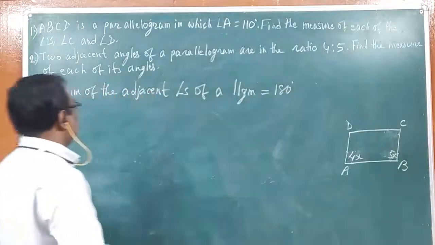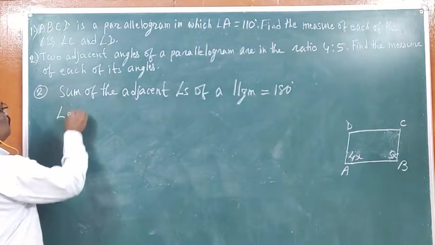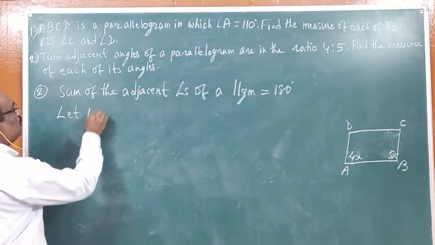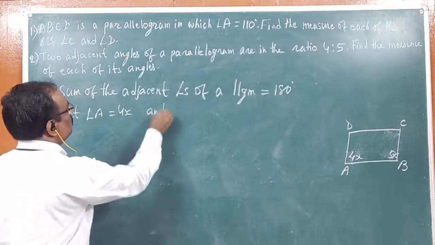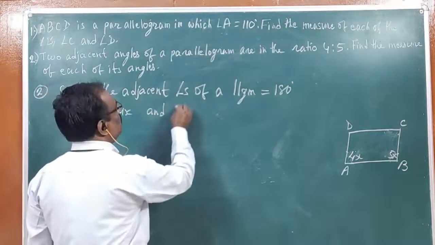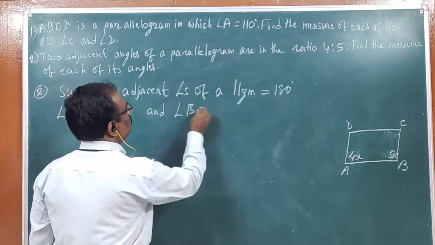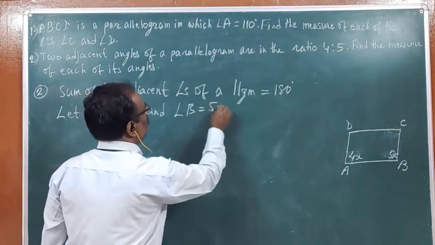Then let angle A be equal to 4x and angle B be equal to 5x.